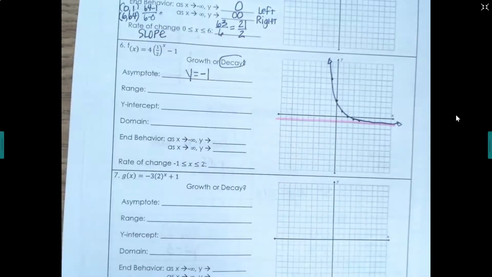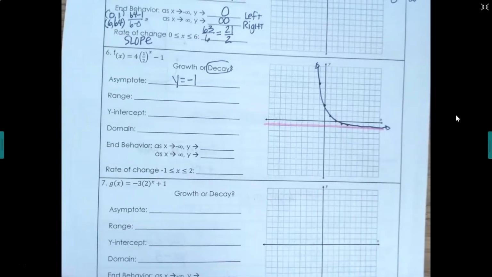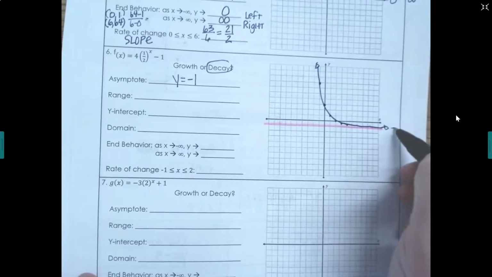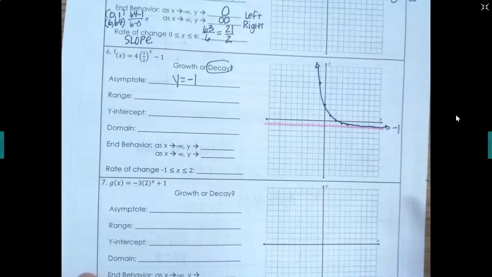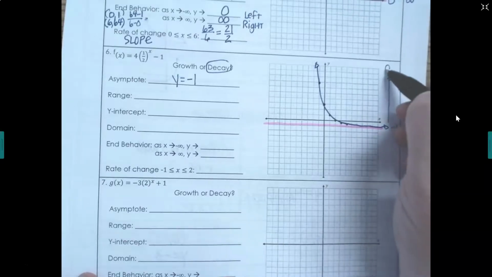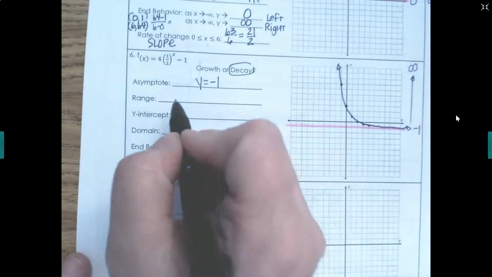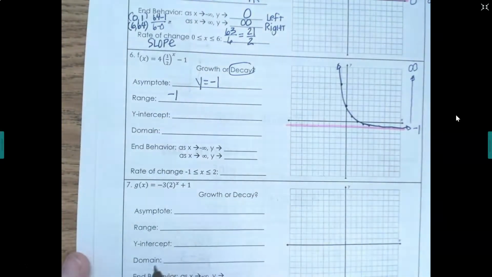All right. Now let's answer some of these questions. For our range, remember our asymptote is very important in our range. Our asymptote is at -1. And from -1, the graph goes up forever and ever and ever into positive infinity. So to write that, we're starting at the bottom at -1.